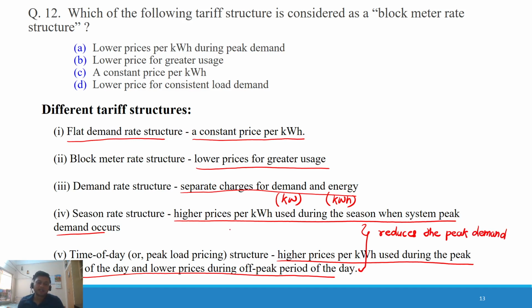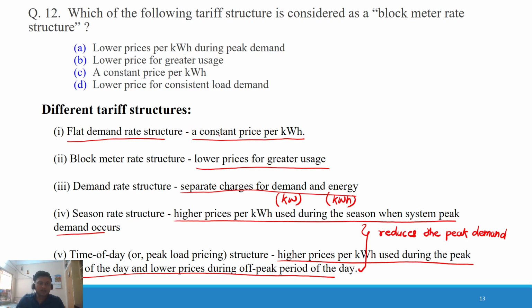Like if in any season the power demand increases, then in that season higher prices are taken by the utilities. So the season rate structure is for the season, and the time of day structure is for a certain period of time in a day: higher prices per kilowatt hour during the peak period of the day and lower prices during the off peak period of the day.